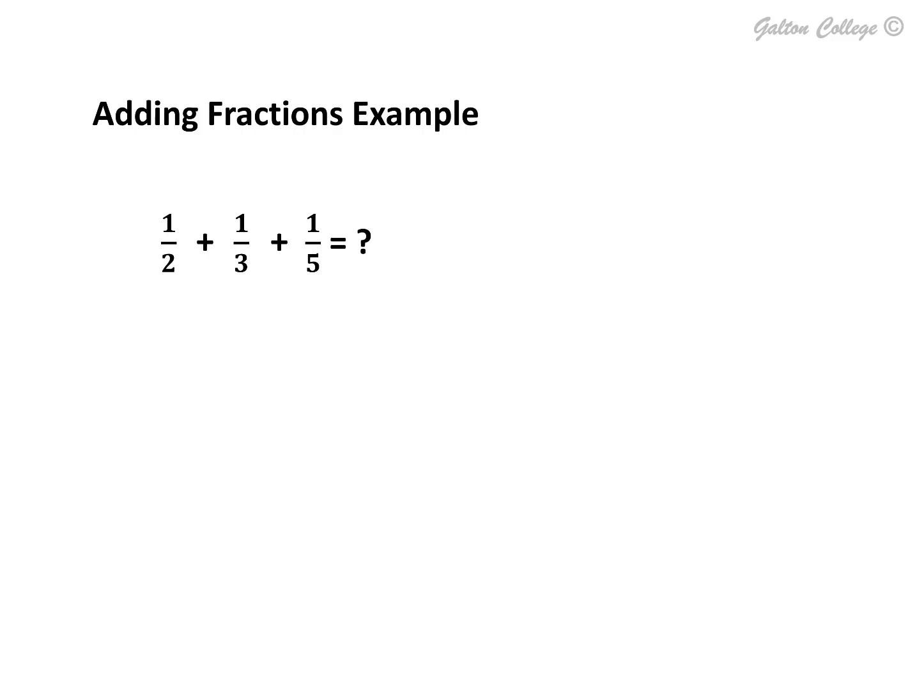Well, the most obvious candidate is 2 multiplied by 3 multiplied by 5, because 2 will divide into it, 3 will divide into it, and 5 will divide into it. So the common denominator is 30.